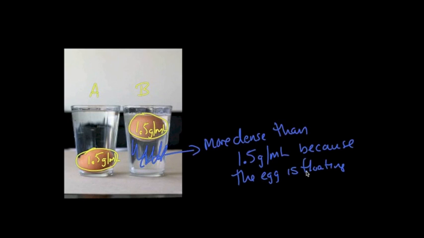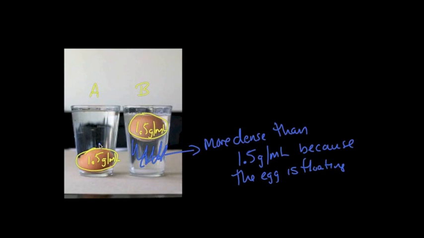Because if the density of the egg in setup A is 1.5 grams per milliliter, and it's 1.5 grams per milliliter in setup B, that would tell you that the liquids have different densities, because the liquid in setup B would have to be more dense than 1.5 grams per milliliter if that egg is to float. We know that because objects that are less dense float, so 1.5 grams per milliliter would have to be less dense than the liquid it's in.